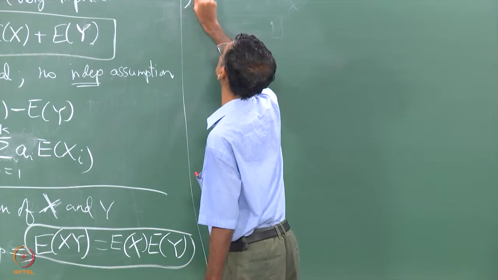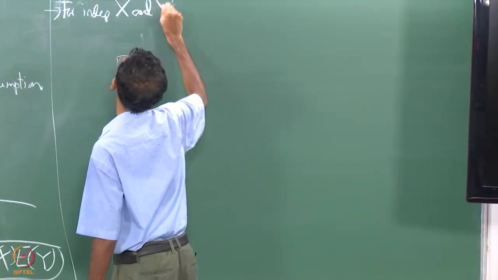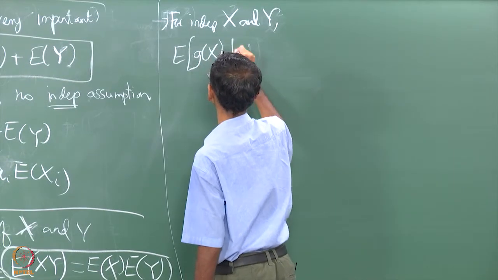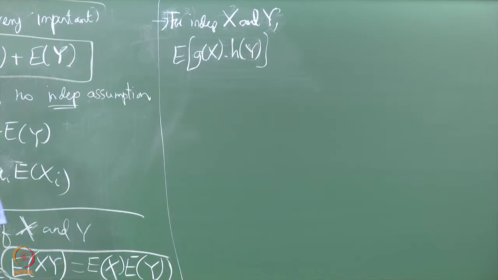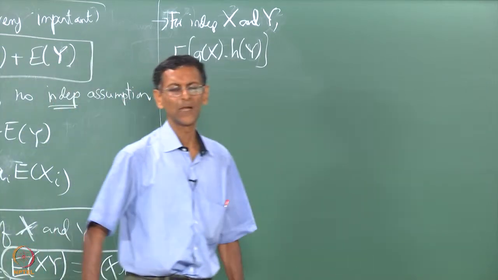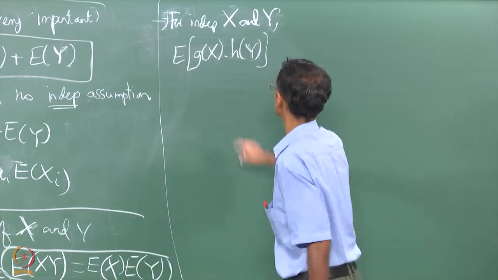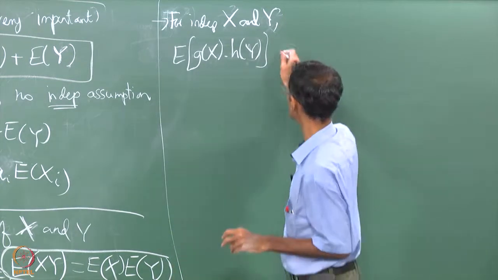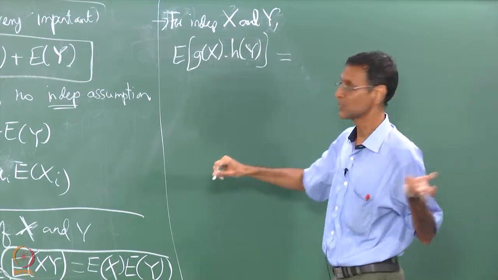What can you say for independent x and y? This E of g(x) multiplied by h(y), remember this g is not the same as the earlier g because that was a function of two variables, but I do not want to keep inventing subscripts. So what is this going to be? g(x) and h(y) are independent, as we already pointed out, when x and y are independent. So it depends only on the marginal statistics of x and y.